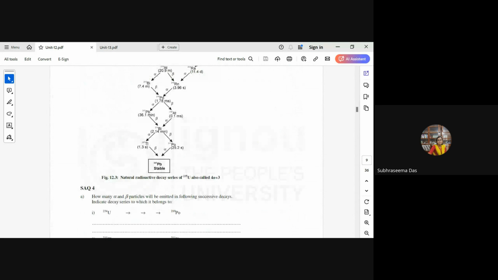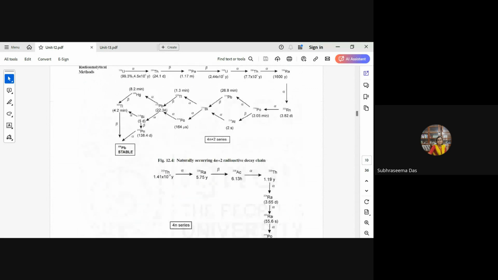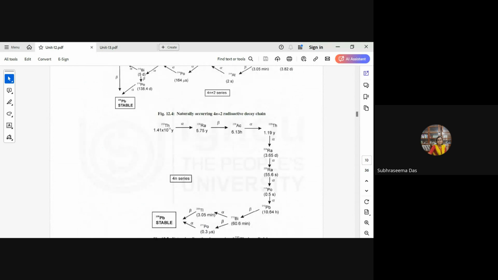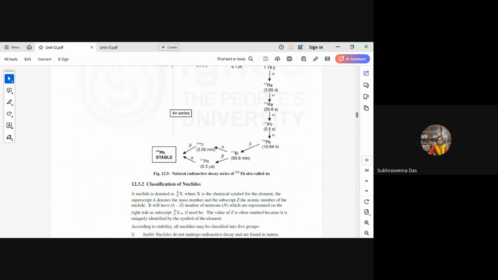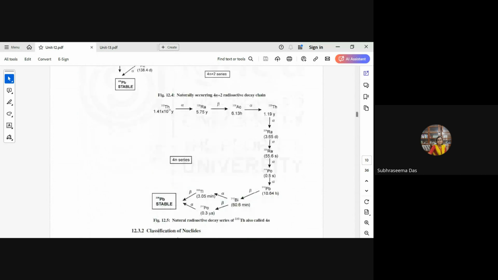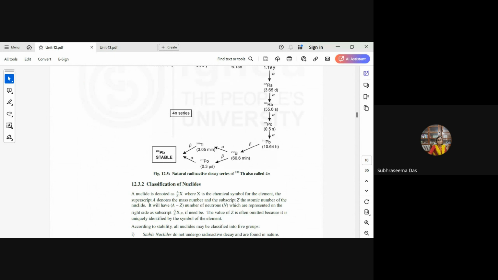The decay series of uranium 235 is also called the 4n plus 3 series. The 4n plus 2 series is given by uranium 238, and the 4n series of radioactivity is given by thorium 232.